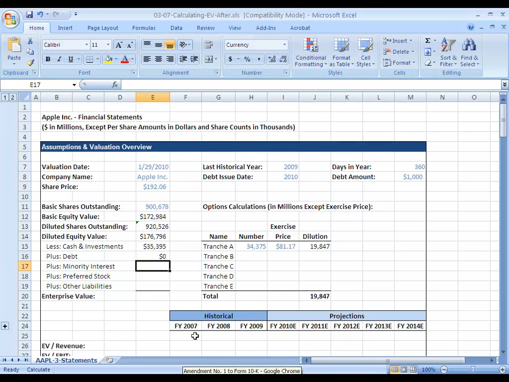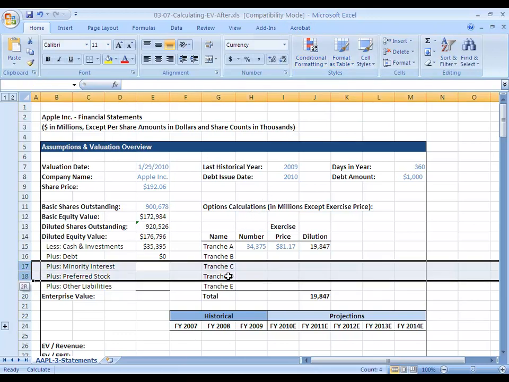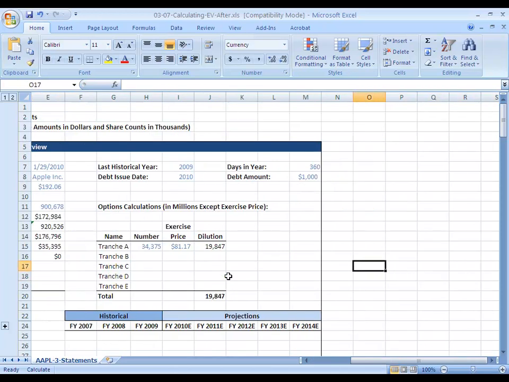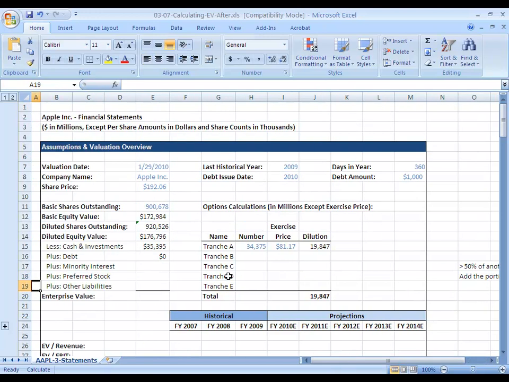Before I do that though, just to briefly explain what these items actually mean, minority interest refers to cases where Apple owns over 50% of another company. And what you have to do in this case is add the portion they don't own to enterprise value. The reason you're doing this is because when Apple owns over 50% of a company, the company's full earnings, their profit, revenue, everything like that will be reflected in Apple's income statement down here.